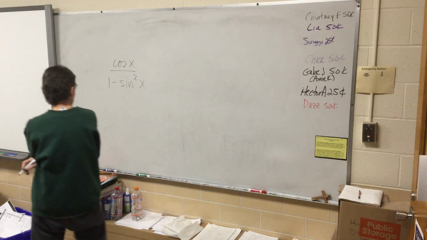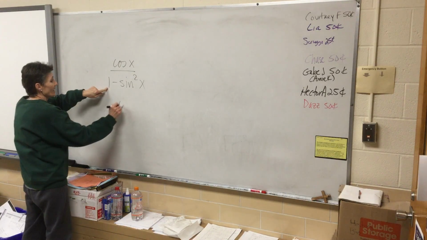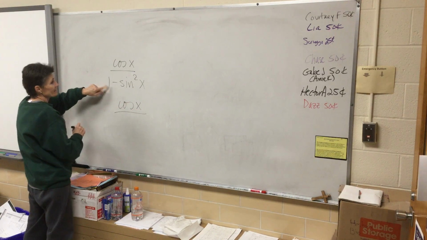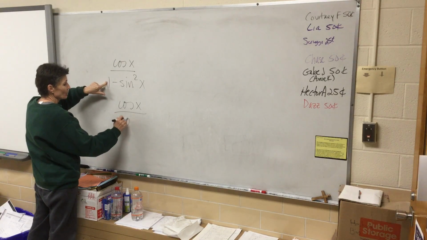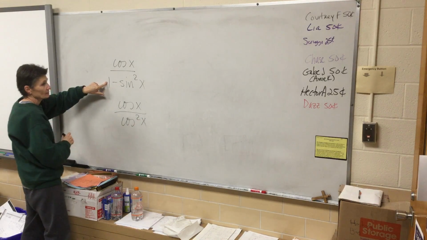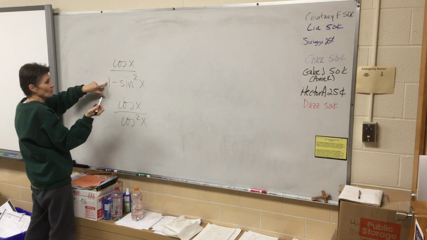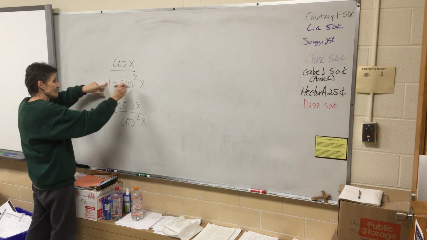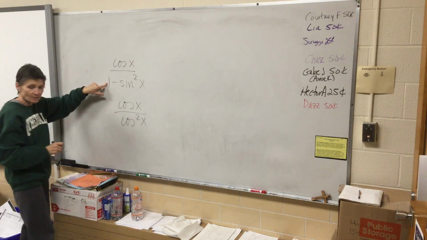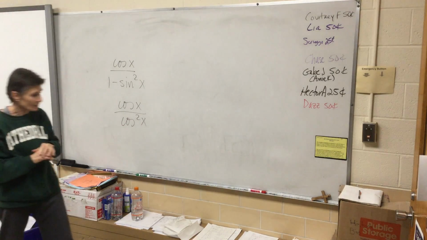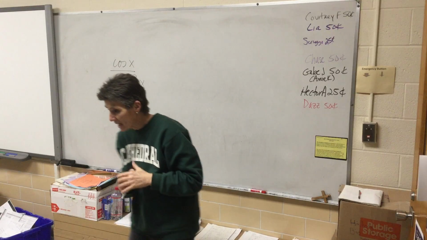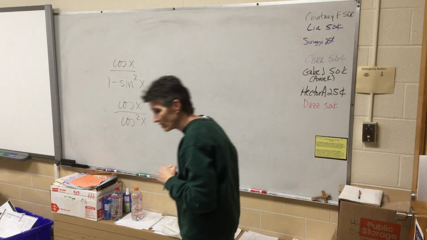Yes. 1 minus sine squared is the same as cosine squared. So I'm leaving my top alone, can't really do anything with that, but 1 minus sine squared is cosine squared. So now I have cosine over cosine squared.